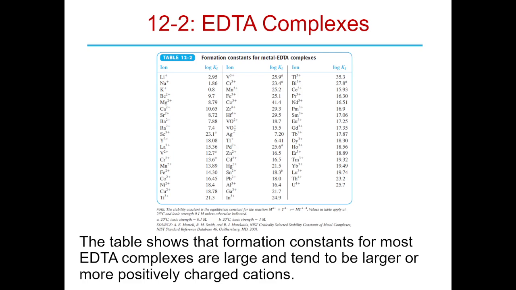Okay, these are the formation constants for different metals with EDTA complexes. And you see here, like this is a fairly low value. Notice that they're kind of like pKs, but they're not negative. See that?